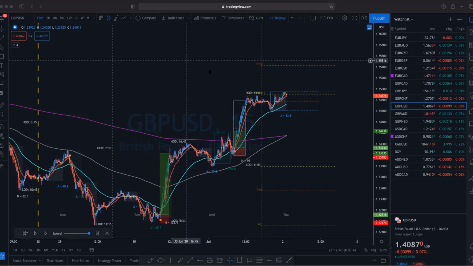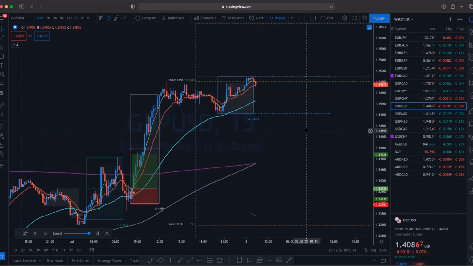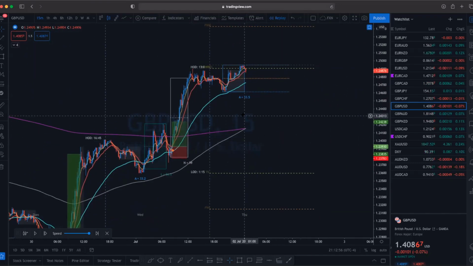It just depends on how this behaves here at the beginning. At this point, the overall trend that you're looking for is a buy, but because you're past the first level, you have options of either buying or selling.